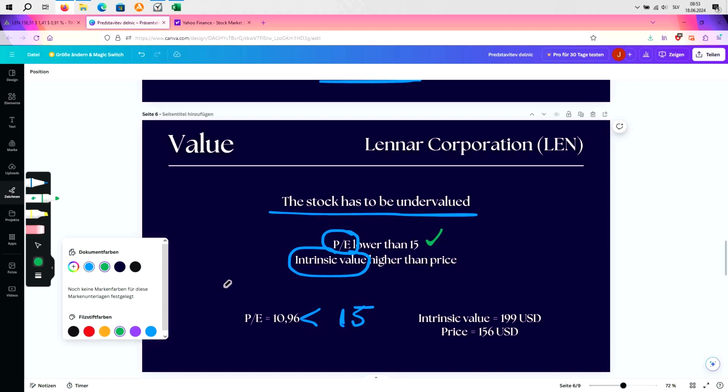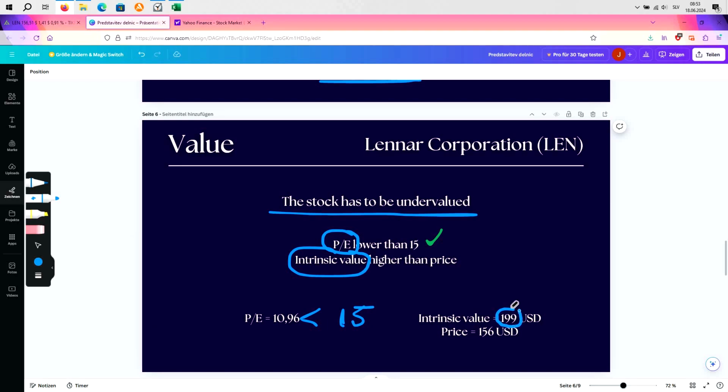And now we come to the intrinsic value. Intrinsic value of Lennar Corporation is around $200. So that would actually mean that the fair price, based on some calculations in the background, should be $200. So Lennar Corporation right now, at this exact moment, should have a stock price of $200.